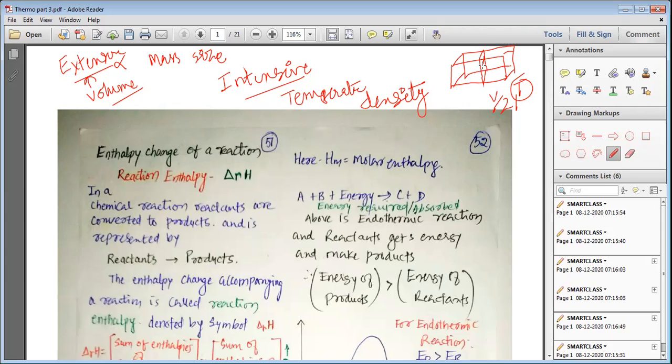This is how, if we divide it, the volume turns out to be V by 2 in each case, but the temperature still remains the same.